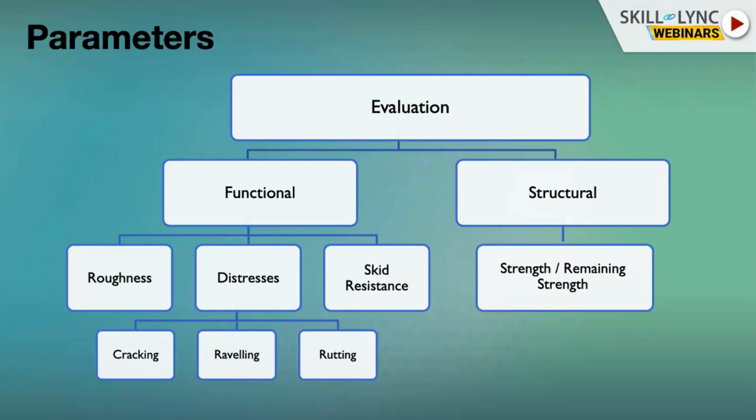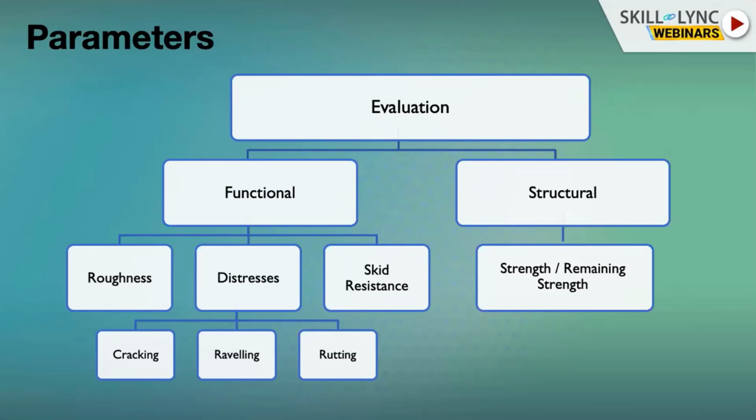If the skid resistance is very low, we can say that the road is not very safe. It is basically a parameter of friction between the tire and your pavement. If the friction is low, there are high chances that the vehicle will skid, and there will be chances of a crash.